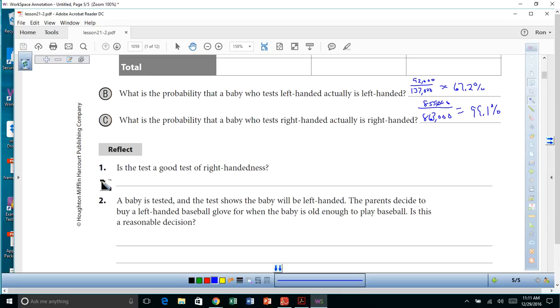Well, at 99.1%, I would say yes. 99.1% is a reliable indicator that the baby will be right-handed.